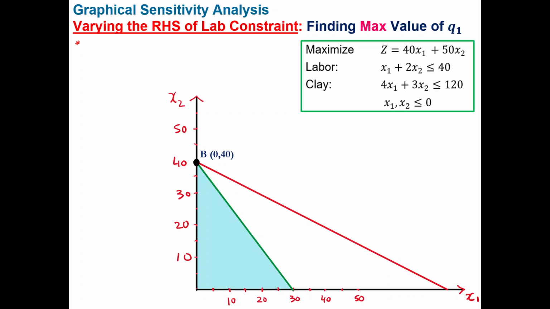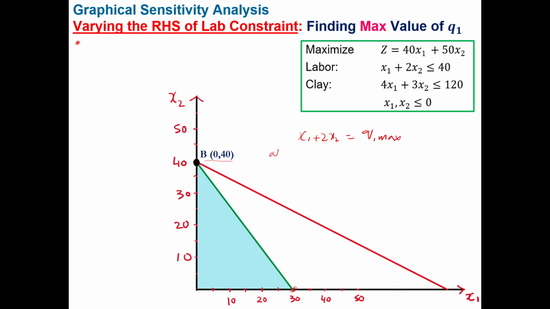Just for the sake of information, B is (0, 40); we found these points in lecture 1. So we see that at B (0, 40), these two lines intersect, and this is the maximum point where these two lines can intersect. At this point, let's find the maximum value of the labor hours. We will write it as x1 plus 2x2 equals q1 max.